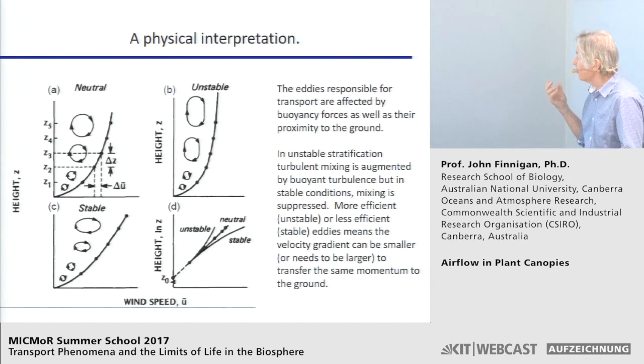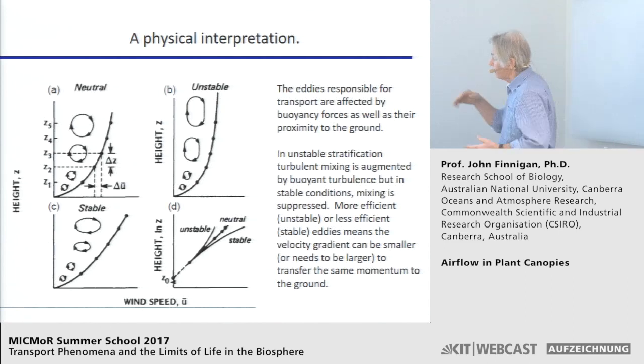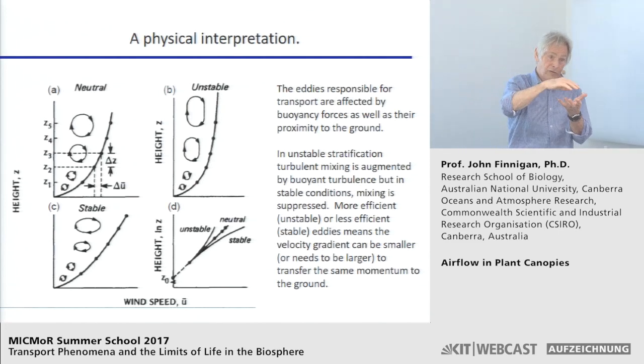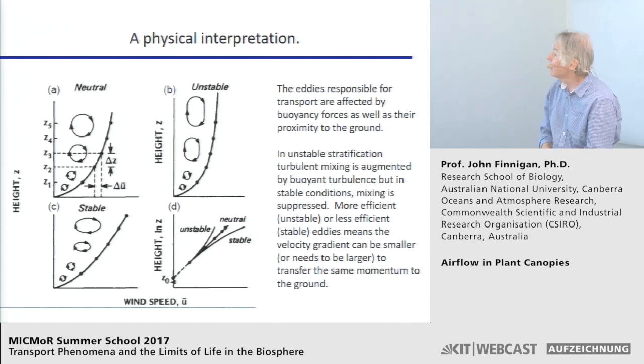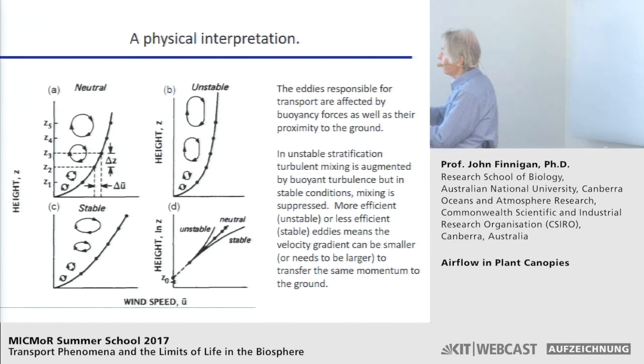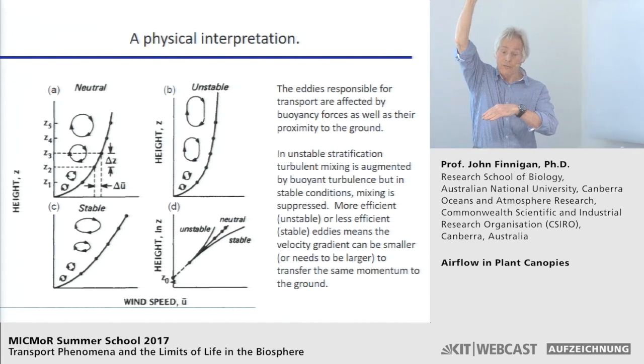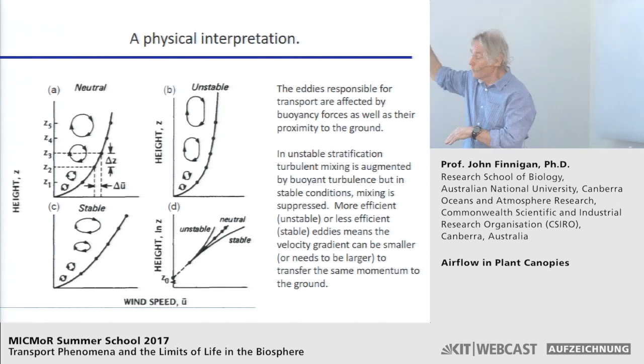And again, the physical interpretation is, in neutral conditions, it's the proximity to the ground, which means that the eddies get smaller and smaller, and so the difference in velocity between 2 levels has to get higher and higher. If the eddies are unstable, they're sort of stretched in the vertical, more efficient at taking momentum from here to here, then you don't need as big a gradient, so you have that kind of shape.